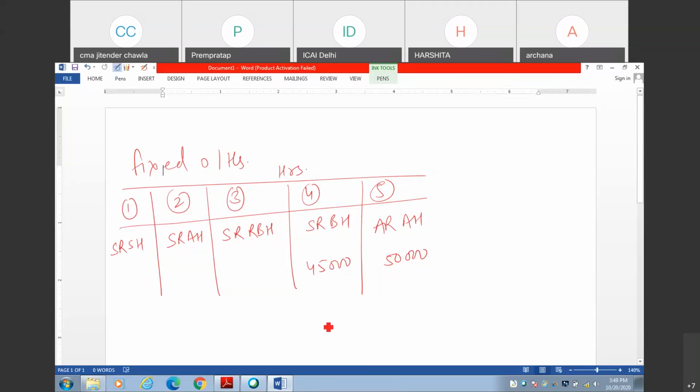Just consider 30,000 hours into what is the standard rate per hour. Cost is given to you, 45,000. So could I say the standard rate is 1.5? Am I right? Please reply.